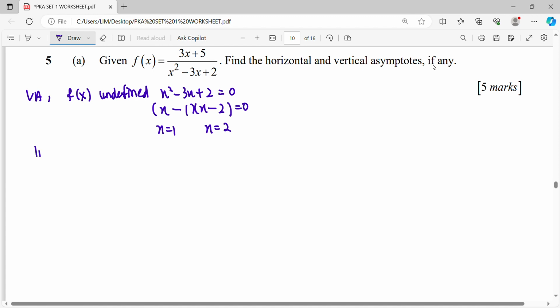To verify this is a vertical asymptote, we use the concept of limits. Calculate it from the left hand side, and also calculate x approaches 1 from the right hand side.